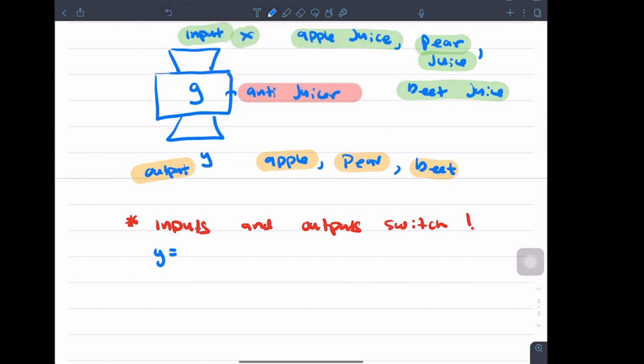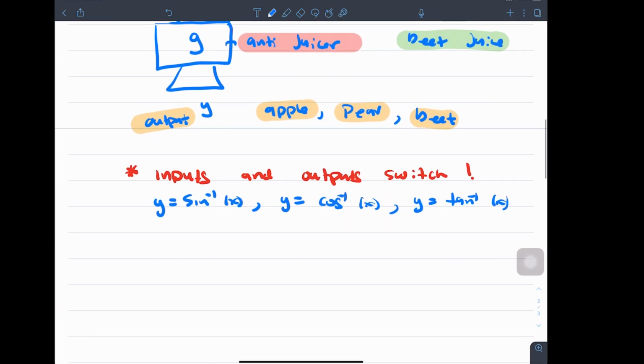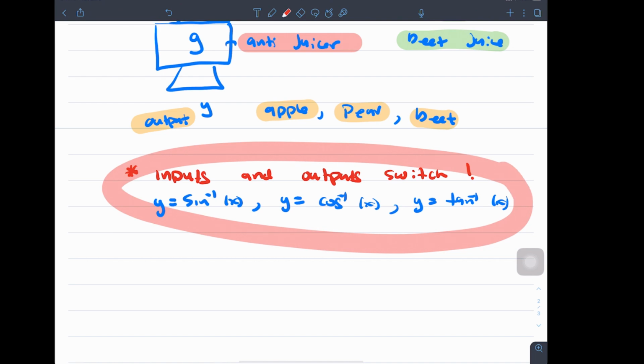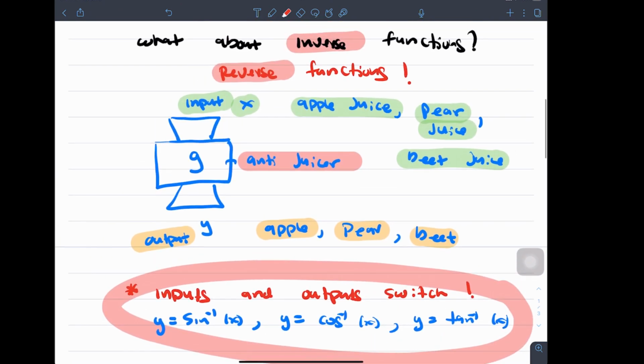We're going to start talking about these kind of functions. Y equals now inverse cosine this way. Y equals inverse tangent. Okay. So in other words, we're describing that inputs and outputs really switching. And that's the bottom line of where you get these functions.